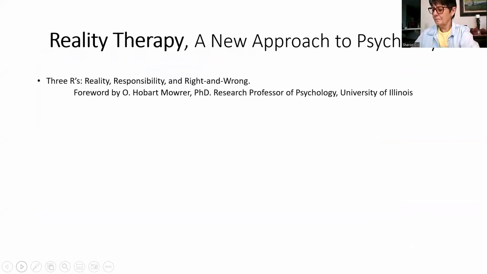In Reality Therapy: A New Approach to Psychology, the foreword by O. Hobart Mowrer, research professor of psychology at the University of Illinois, among many other things, said that Dr. Glasser's reality therapy had 3 R's: reality, responsibility, and right and wrong.